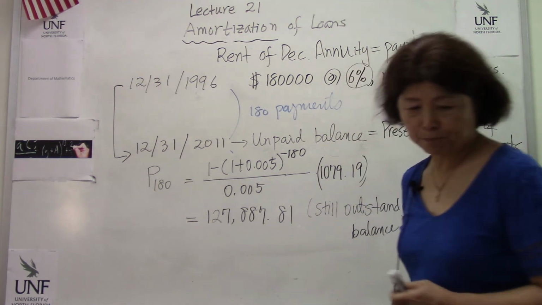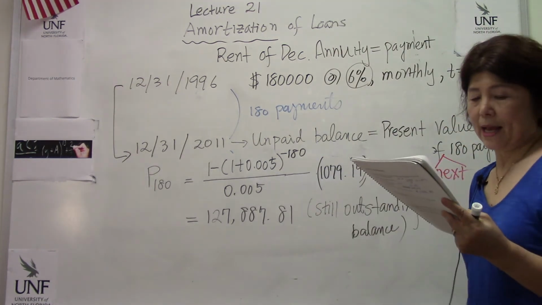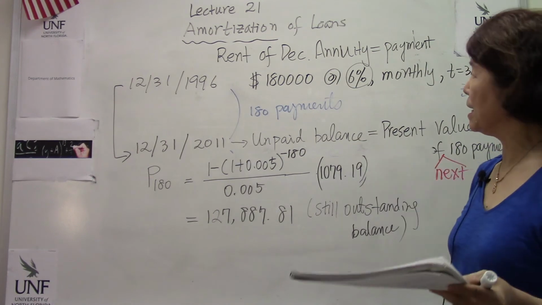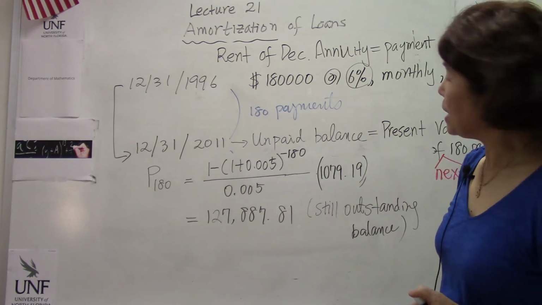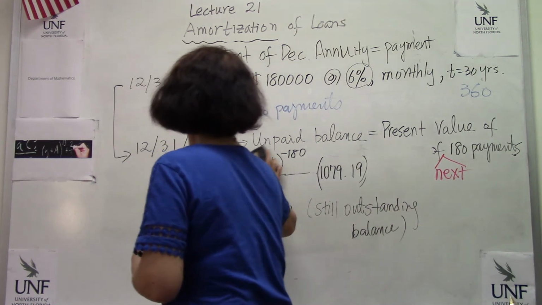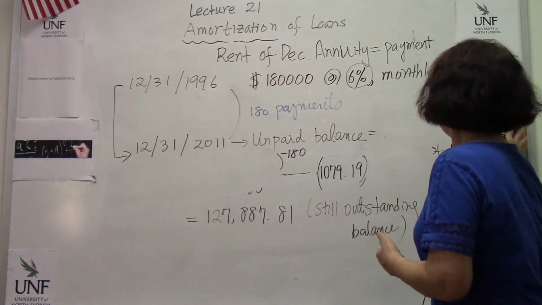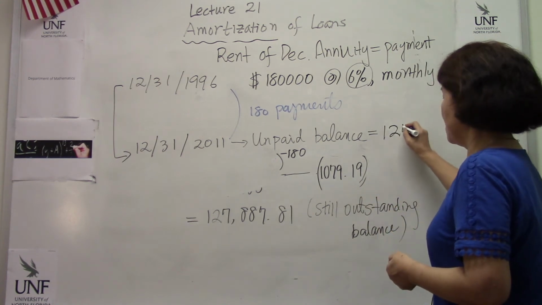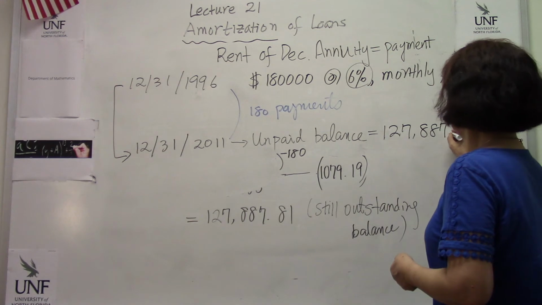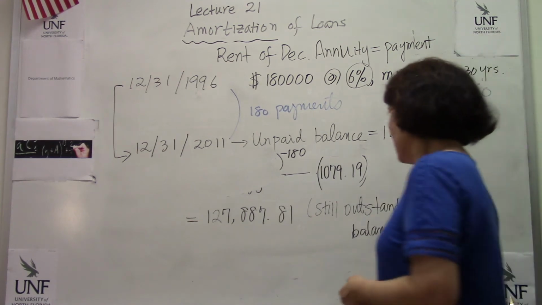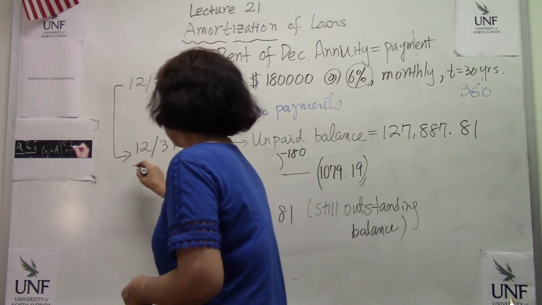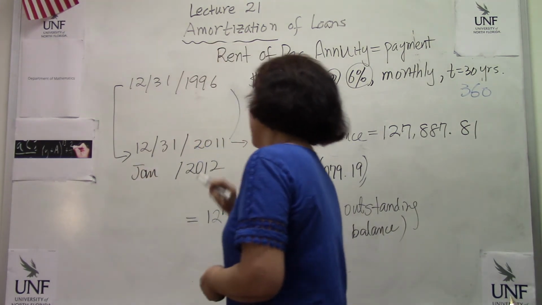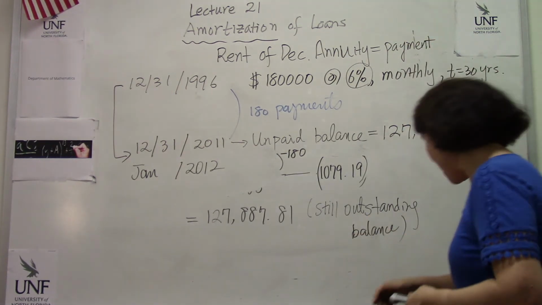Okay? Alright. D: How much interest will be paid during the month of January 2012? Look at this. The unpaid balance is 127,887. That is the very next month, January 2012. How much interest are you going to pay?